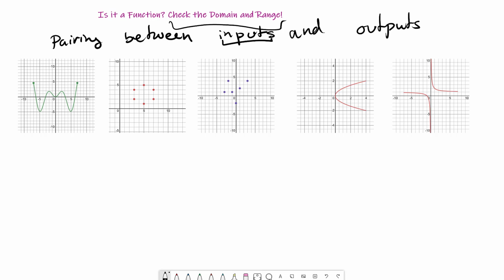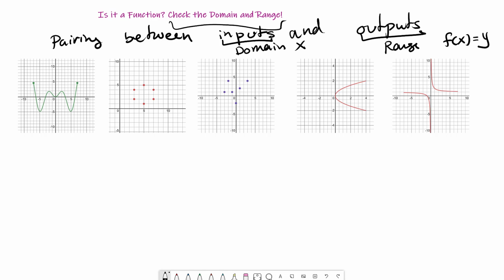Recall the inputs come from our domain and our outputs come from our range. And so if we use the variable x to define our domain, our range is f of x, a function of x, or sometimes also y. So again, we have a pairing between our inputs and our outputs.